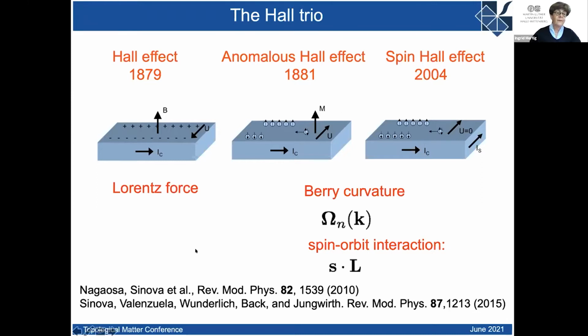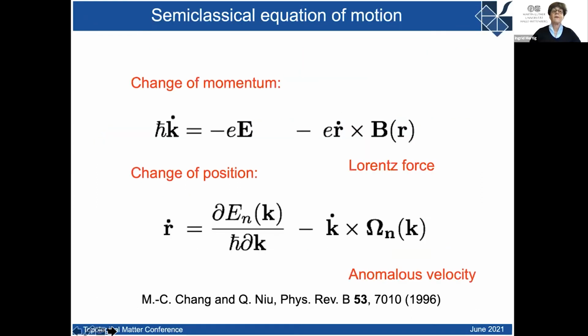Now, let me consider the semi-classical equations of motion for an electron in external fields. Everybody knows that k dot is proportional to the electric field and to a Lorentz force term that is caused by a magnetic field. And a similar equation of motion holds for r dot, where we have the Ehrenfest term.